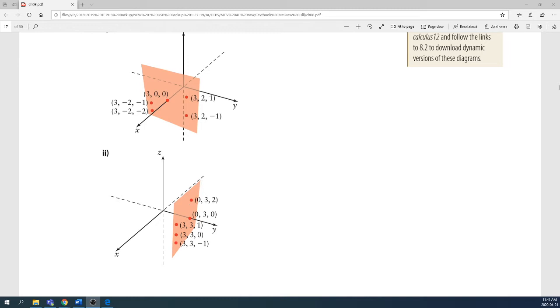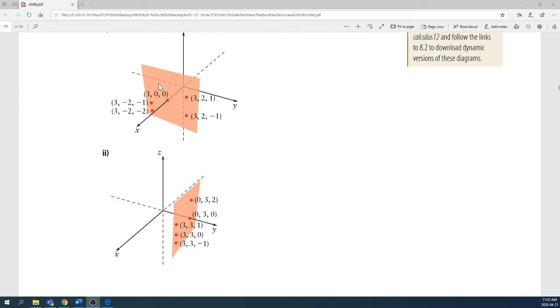If we look at box 2, something they all have in common is the y value. They all have the y value of 3. And sure enough, if you look at that plane, it looks like a sheet of paper that is cutting the y-axis at y is equal to 3. And you can see here the y-intercept. Well, not the y-intercept, but the point on the y-axis.